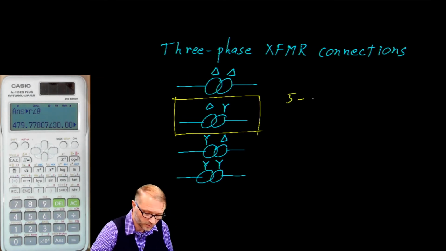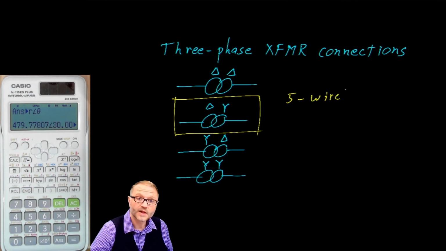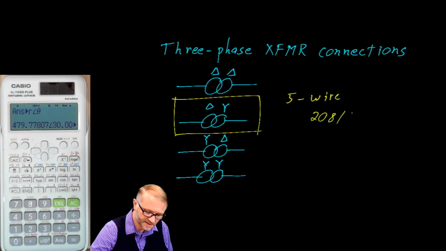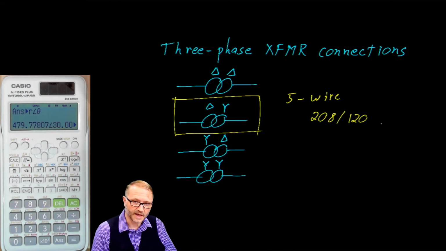So that's a 5-wire system, 3 phases, neutral plus ground. And that's the one we find in our lab when we talk about a 208/120 system. 208 line to line, 120 line to neutral.